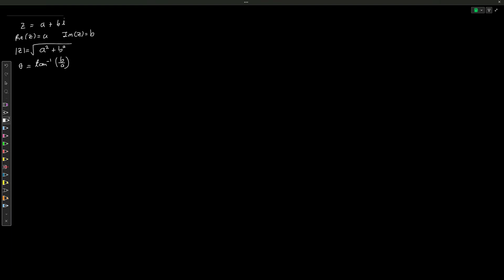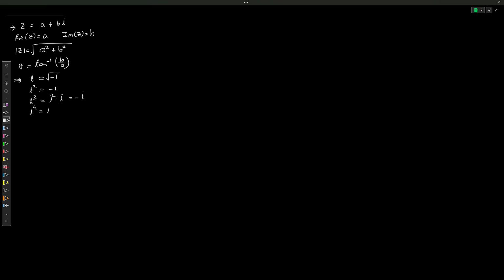Then higher power of i. I is actually under root of -1, right? So i square must be -1. Then what about i cube? It is the product of i square and i, and i square is nothing but -1, so this will become -i.